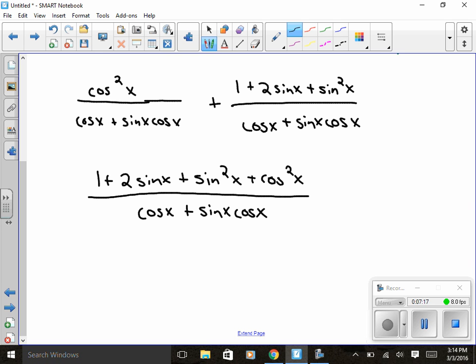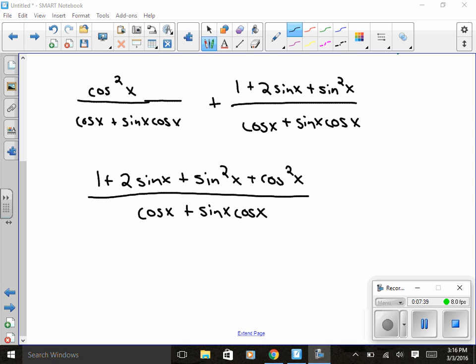So right now it looks even more complicated than what we started with. But I have a trig identity. So from this, I know that sine squared of x plus cosine squared of x, that right there is going to give me 1. And that's based on one of the Pythagorean identities.